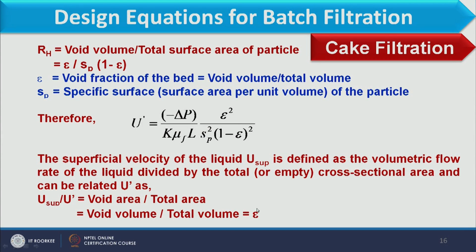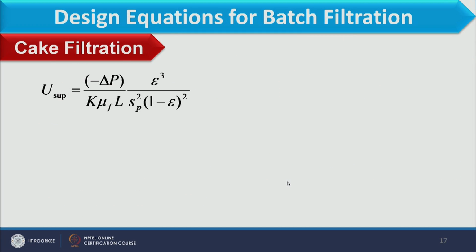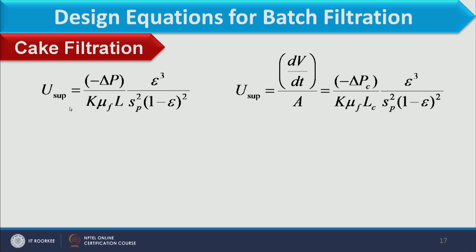So here we have to calculate superficial velocity. So when we multiply this epsilon with U dash, we can calculate superficial velocity, and the expression we can obtain like this. Superficial velocity, according to its definition, that should be dV by dt by A, and that is equated with the expression over here. Now here you see the pressure drop over here is replaced with the pressure drop across the cake, that is pressure drop of cake.